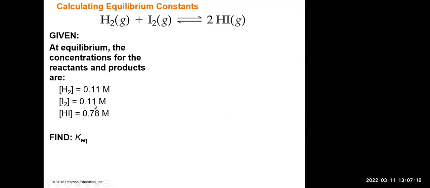By the way, when you calculate the K sub EQ, you can use either molarity or pressure if they are gases. If you use concentration, you must use molarity. If you use pressure, you must use atm. For this question, we are given the concentrations at equilibrium in molarity, and we want to calculate the number for this K sub EQ.